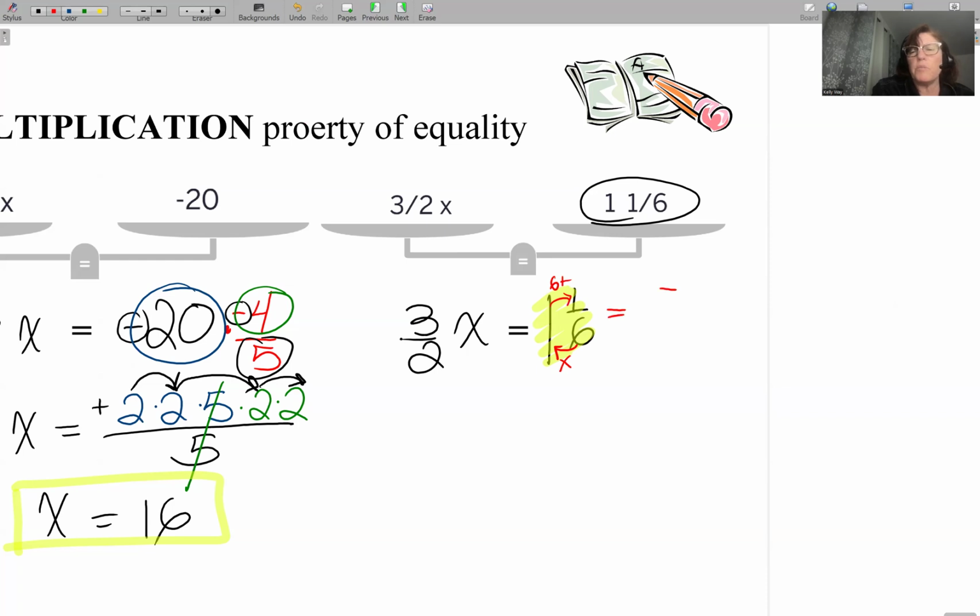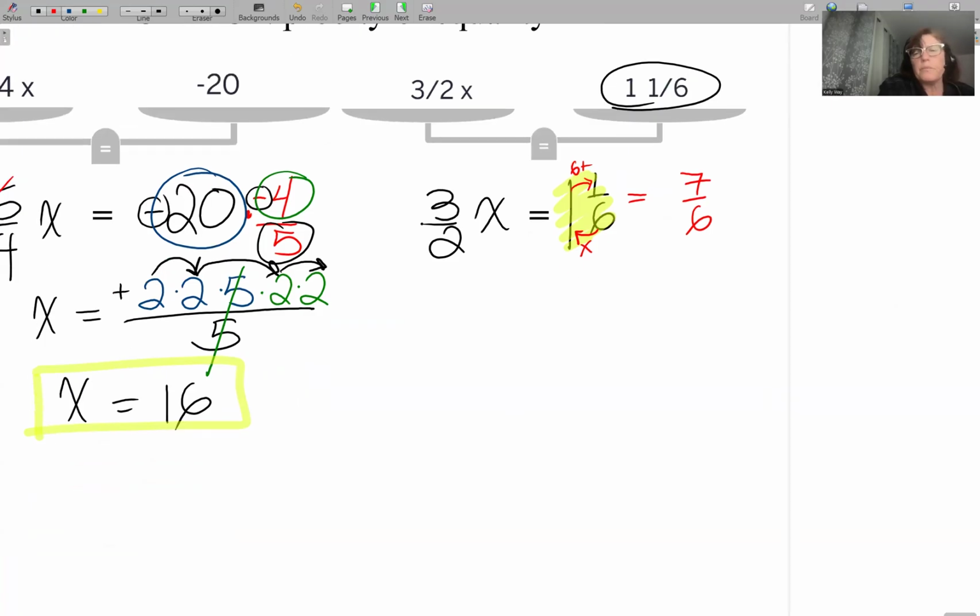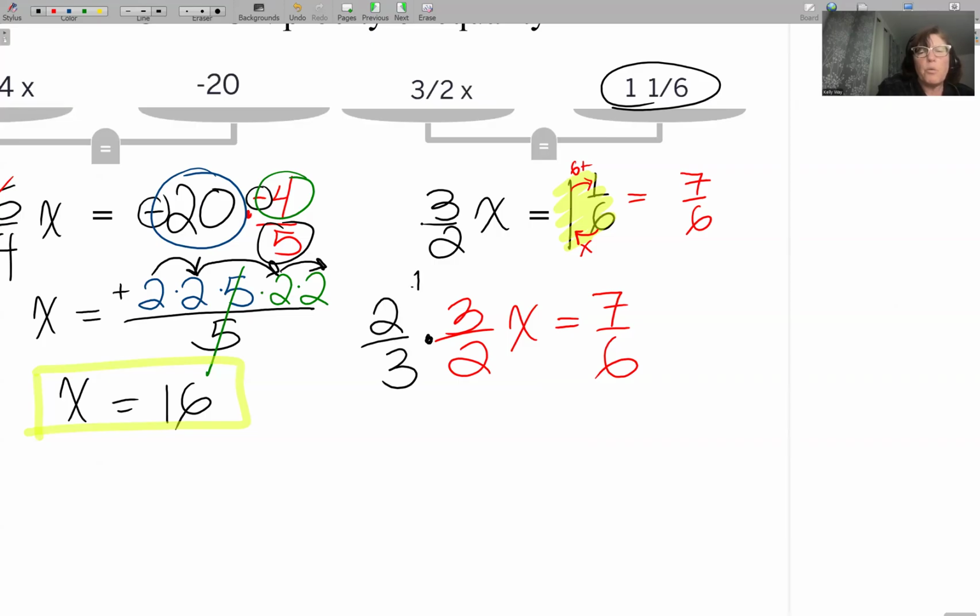This is going to become 7 over 6. Now we're ready to go. You have 3 over 2x equals 7 over 6. We multiply by the reciprocal to make it 1. Multiply by the reciprocal.